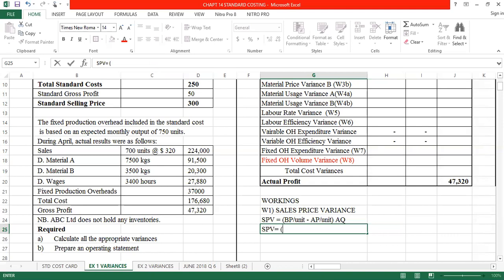The budgeted, standard selling price, you can see here, is 300 per unit, minus the actual selling price. You can see the actual results were 320 per unit. I hope everyone sees that. Times actual quantity is 700.